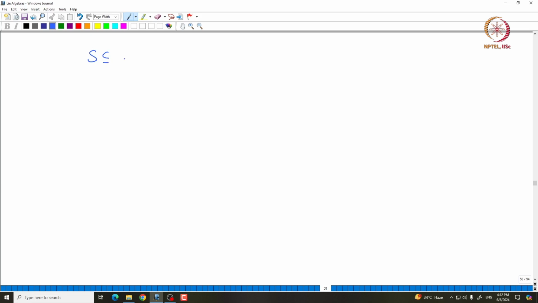Let us start with V being a G module and S a subset. Let us say this G module is given by the representation pi, which is a map from G to GL of V. Given x, we have pi of x, which we denote by x_V.